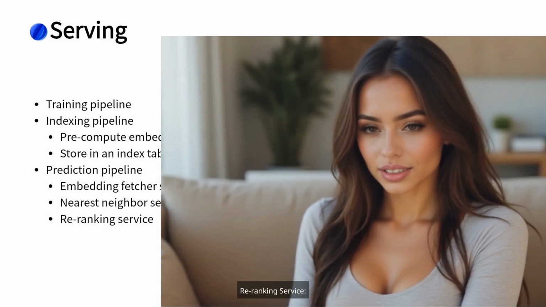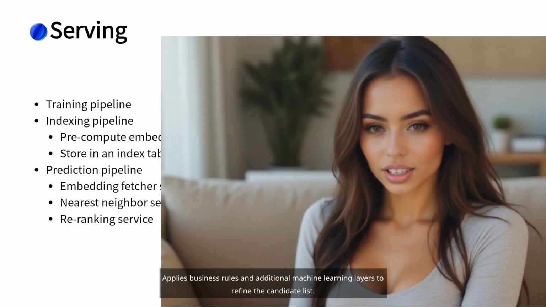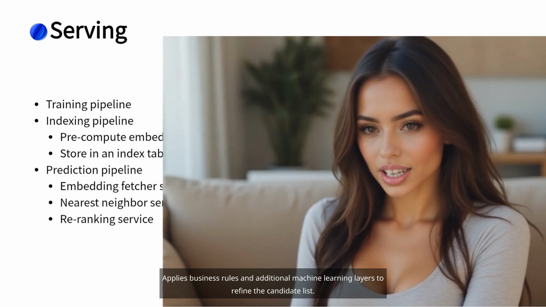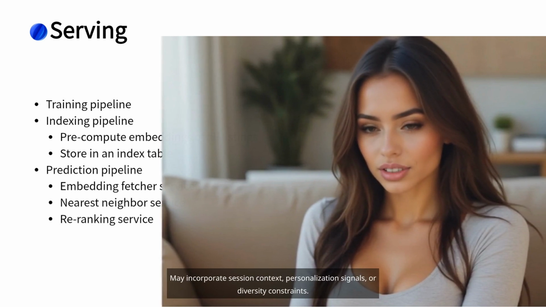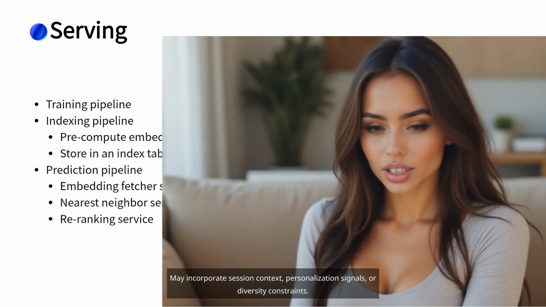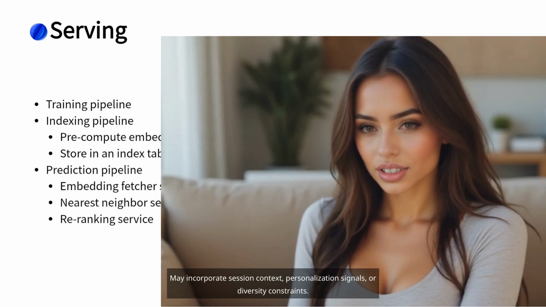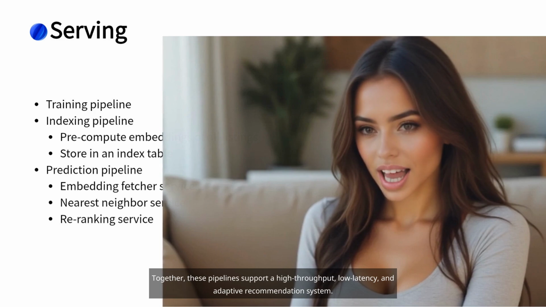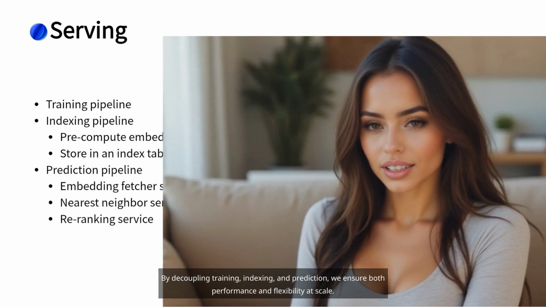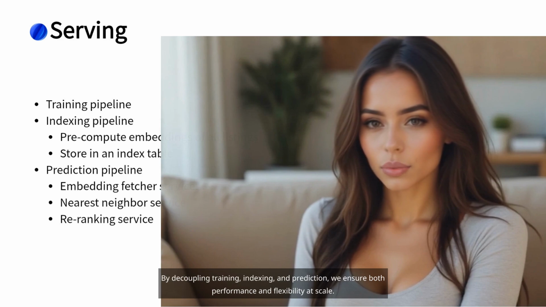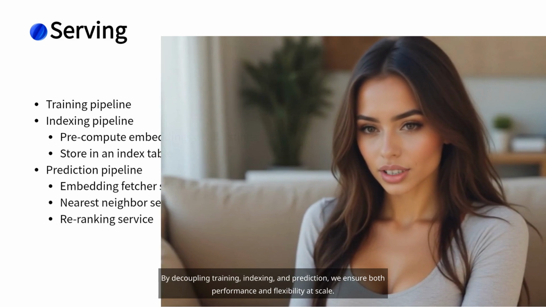The re-ranking service applies business rules and additional machine learning layers to refine the candidate list, and may incorporate session context, personalization signals, or diversity constraints. Together, these pipelines support a high-throughput, low-latency, and adaptive recommendation system. By decoupling training, indexing, and prediction, we ensure both performance and flexibility at scale.